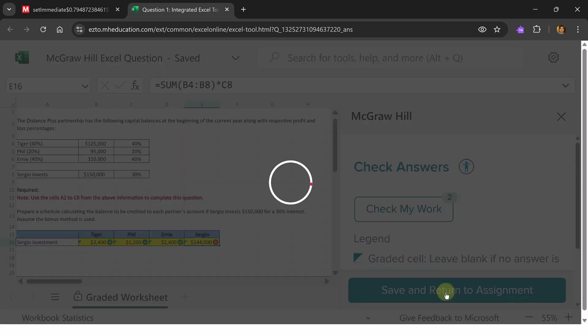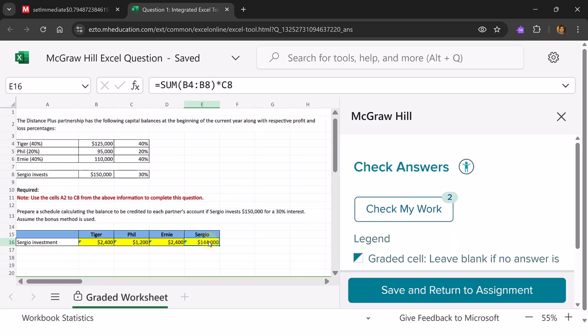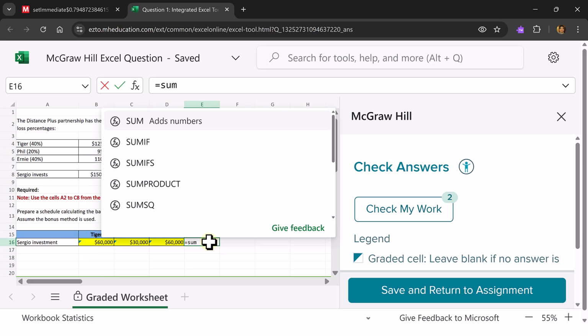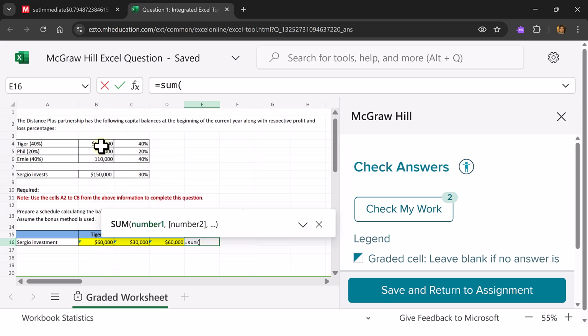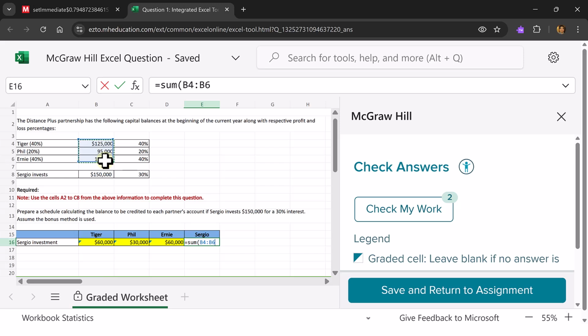So let's continue working here and go back and change the formula. I'm just going to delete it and start over again. Okay, so let's put in a paren. Let's go sum and add up the three existing capital accounts, and then add in, all by itself, Sergio's investment. So there's the total assets in the partnership, of which Sergio gets a 30% capital interest.